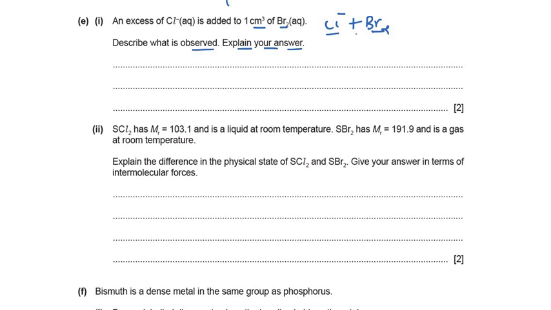Now as bromine is less reactive than chlorine, bromine cannot replace chlorine from its compound. So the observation we'll write is no change, or you can say that the brown color remains. The orange or red-brown color remains, because bromine is less reactive.